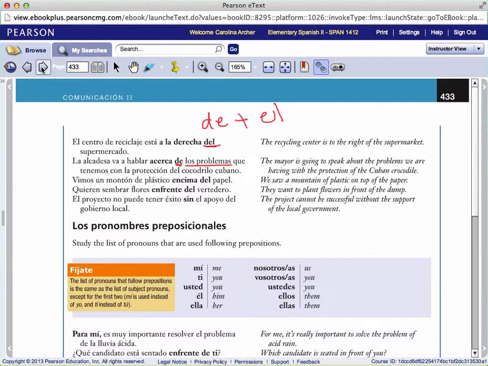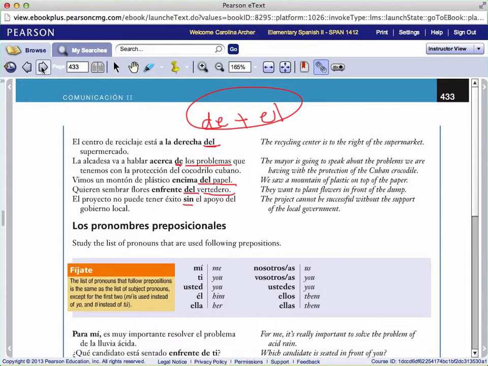Vimos un montón de plástico encima del papel. That would be de el papel, so de and el combined to form del. Quieren sembrar flores enfrente del vertedero. The same case here. El proyecto no puede tener éxito sin el apoyo del gobierno local.